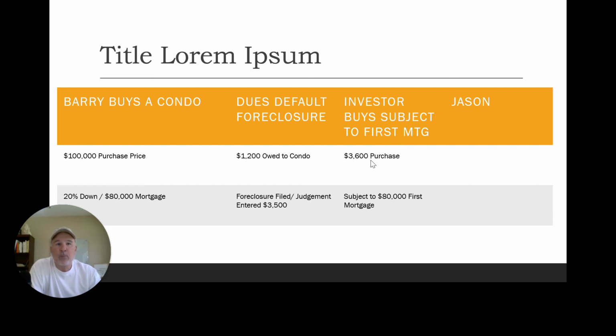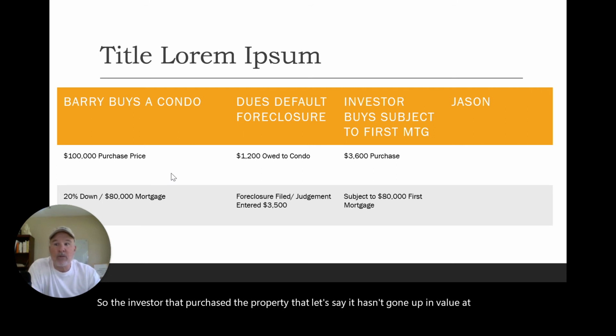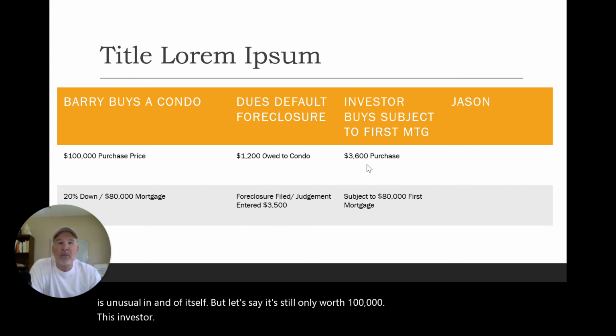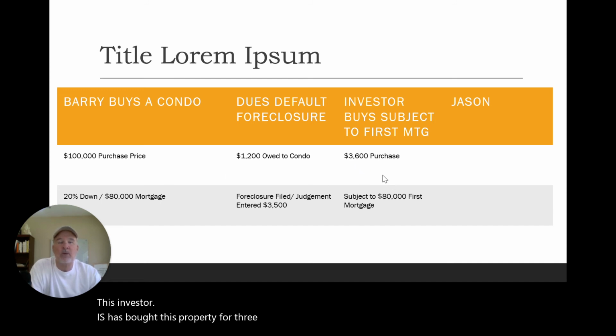So the investor that purchased the property, let's say it hasn't gone up in value at all, which is unusual in and of itself, but let's say it's still only worth $100,000. This investor has bought this property for 3.6% of the value. Not bad, right?